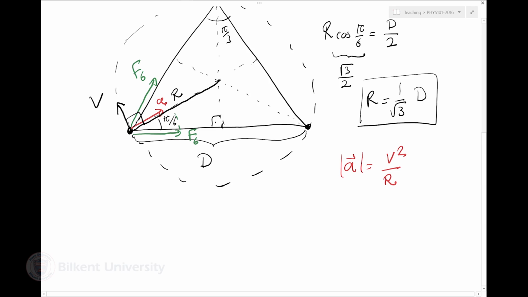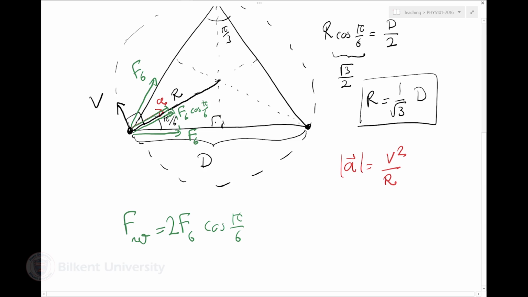So what do I need to do? I actually need to take the components. So this is going to be Fg times cosine pi/6. So apparently the magnitude F net is going to be Fg times cosine pi/6. But I have 2 such components. So it's going to be twice that. How about the other 2 components?